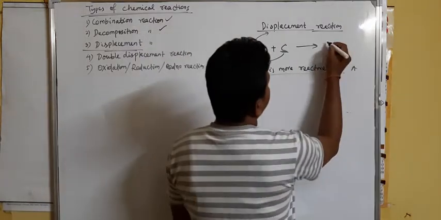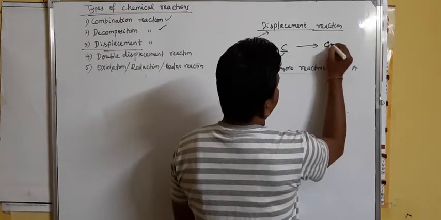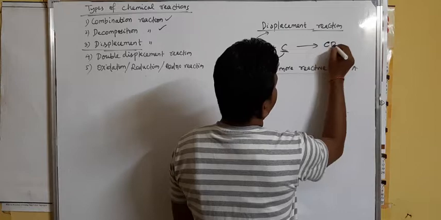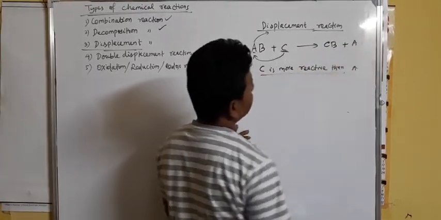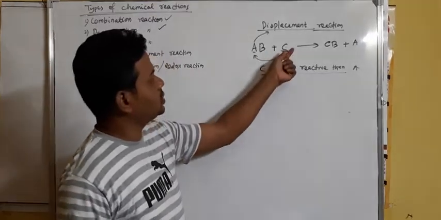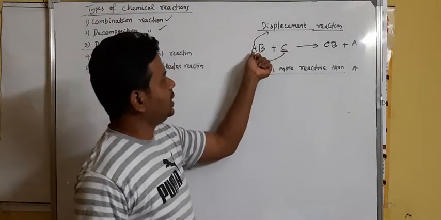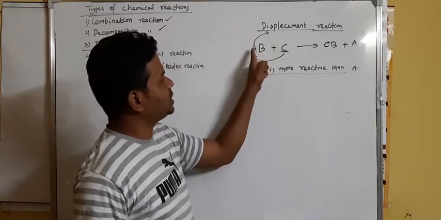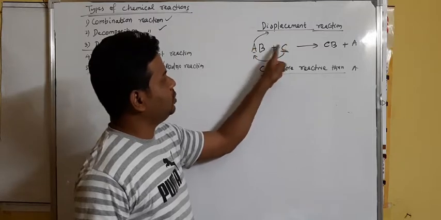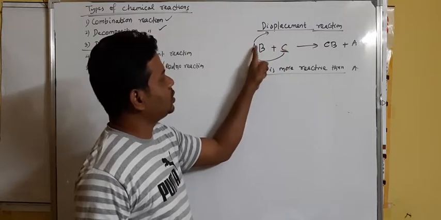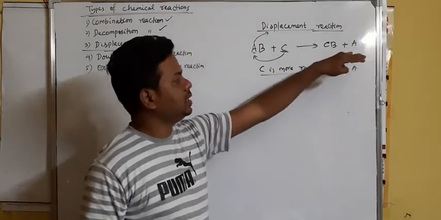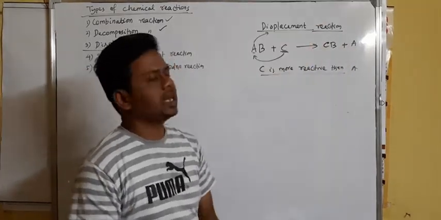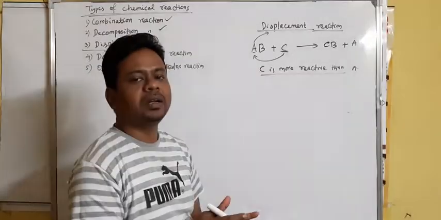The new compound formed will be CB plus A, because C is more reactive than A. So C will displace A, C will take the place of A, and it becomes CB and A is left behind.